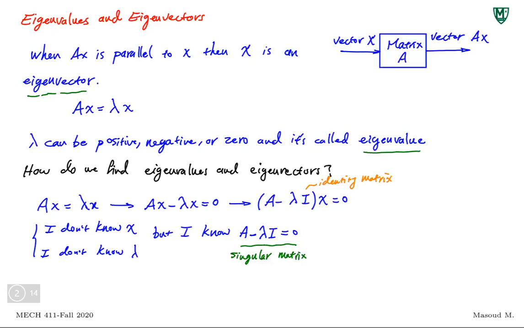If you remember, we couldn't find the inverse of a singular matrix easily, and the problem was the determinant was 0. So once we know it's a singular matrix, this comes out of it: the determinant of this matrix, A minus lambda I, is equal to 0.